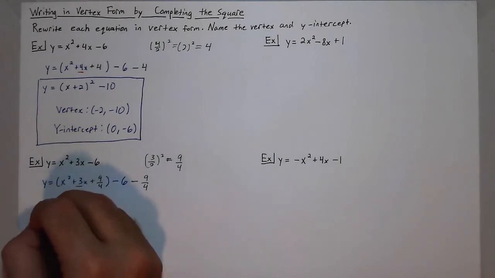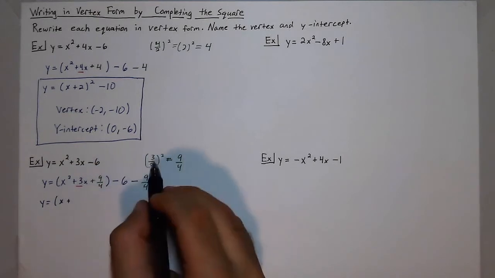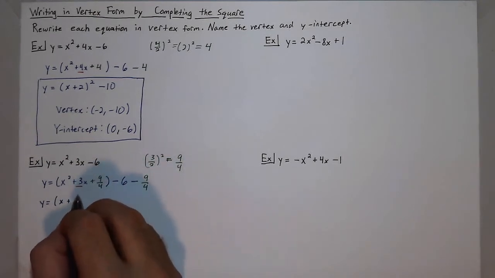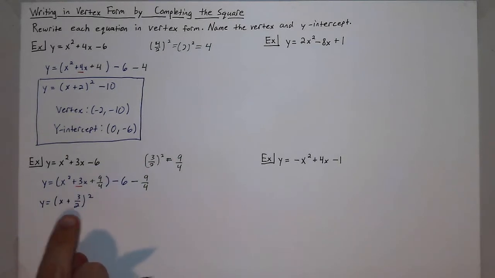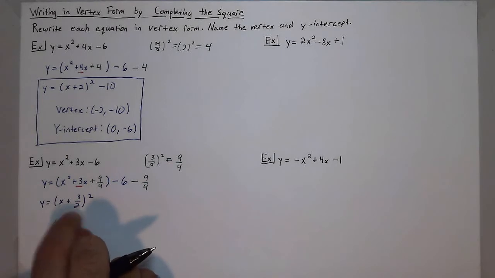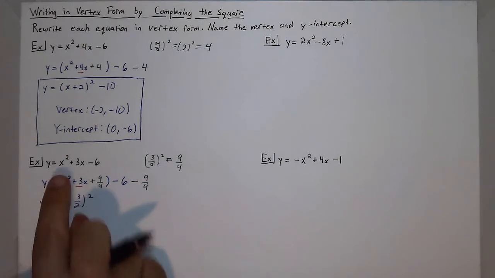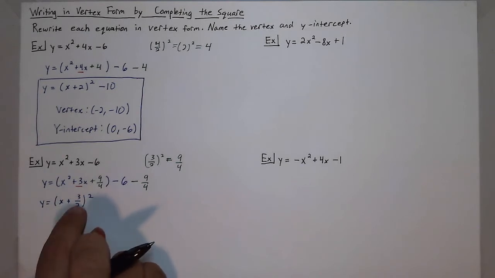So when I go to factor this, I'll have x plus, again, it's that b over 2, so 3 over 2 squared. And again, just to double check, the way I always find this number is I just take half the b value and put it there. But to double check, x squared is x squared, 3 halves squared is 9/4, and then x times 3 halves is 3 halves x. Twice of that is 3x.